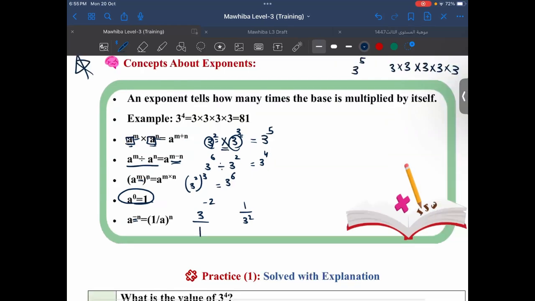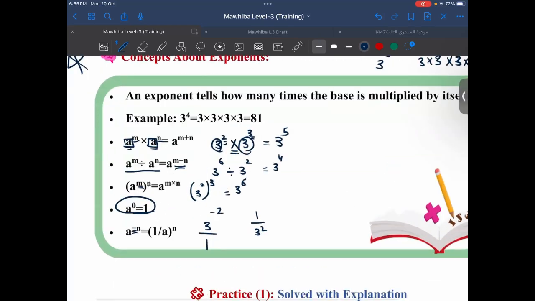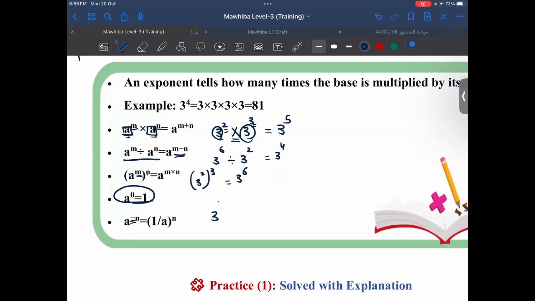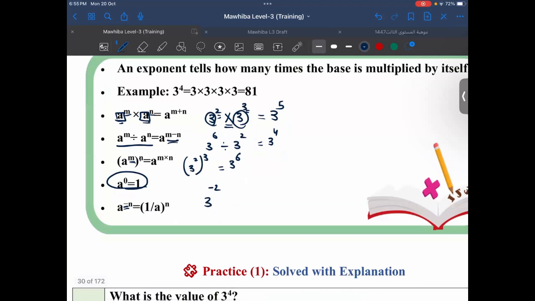Miss, I didn't get the last part. So the last part here: when I see 3 to the power of minus 2, what should I do? I don't want to deal with minuses above here, so I'm going to flip it. 3 already has a denominator of 1, but we just don't write it.